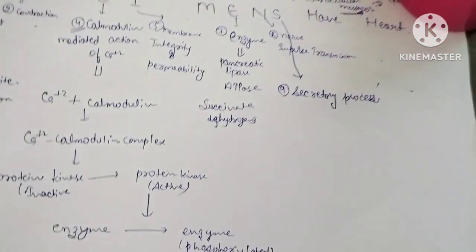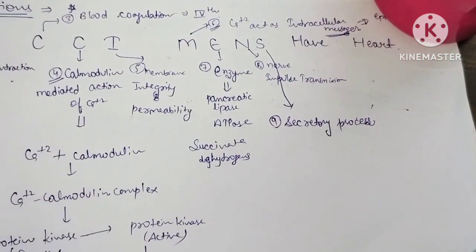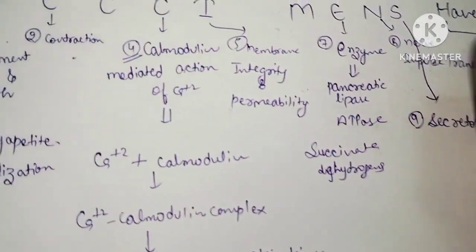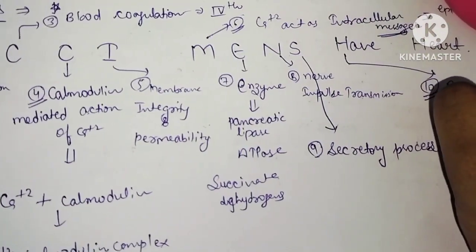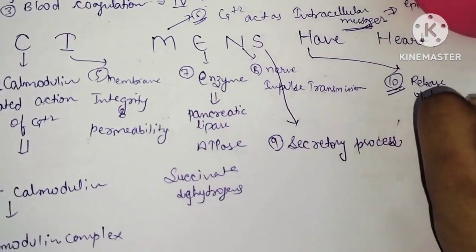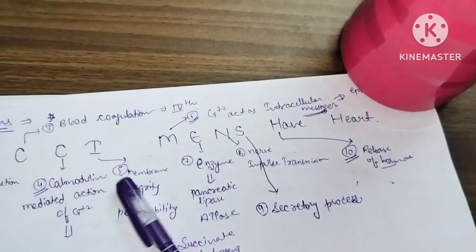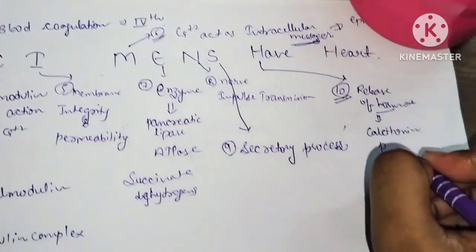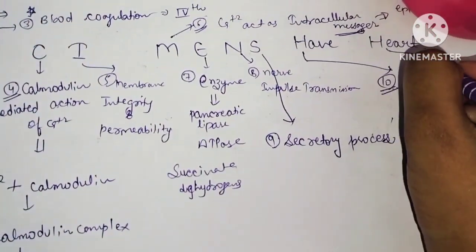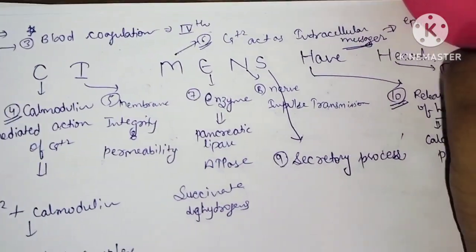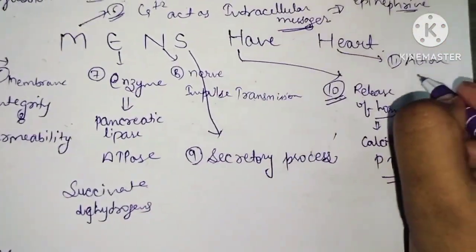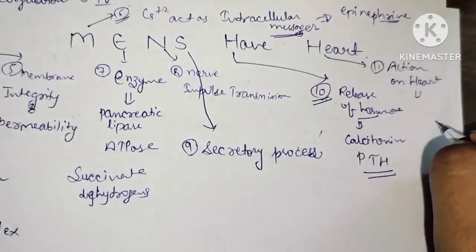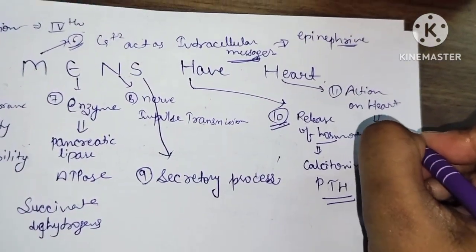Calcium acts in microfilament and microtubule activated processes, and it activates endocytosis, exocytosis, and several others. And the 10th function is the release of hormones. The release of certain hormones like calcitonin and parathormone is facilitated by calcium. And the last function is the action on heart. It acts on the myocardium and prolongs systole.